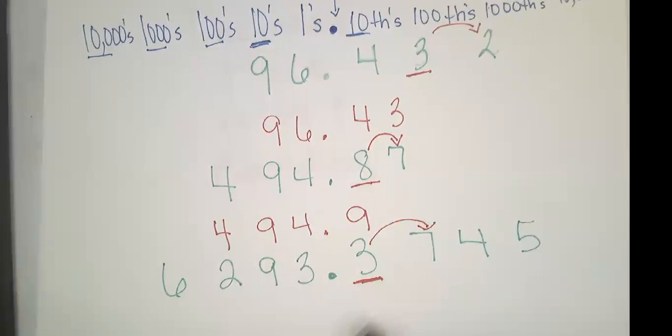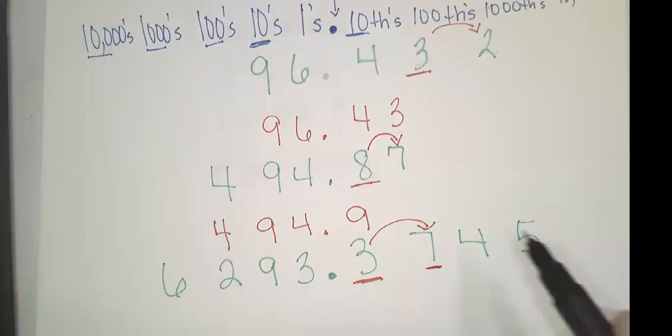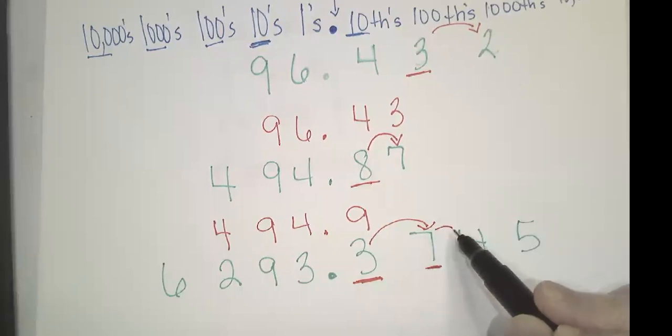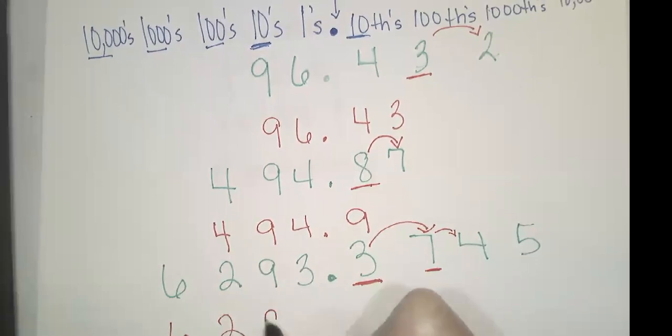And then the next time, I would identify the hundredth place and look to the right. Okay? So when I round to the tenth, my number would look something like this. Actually, it would look exactly like this.